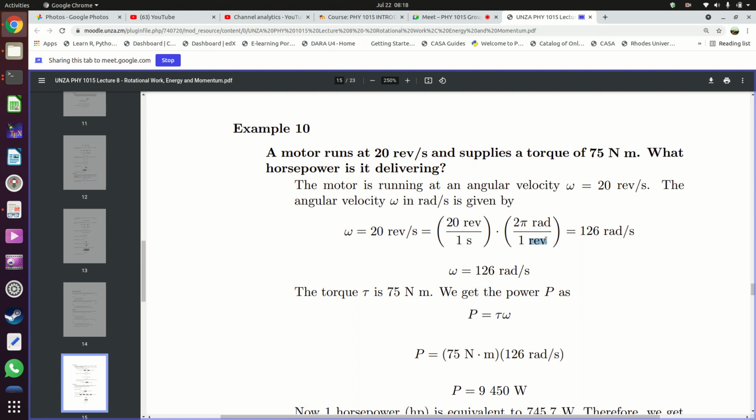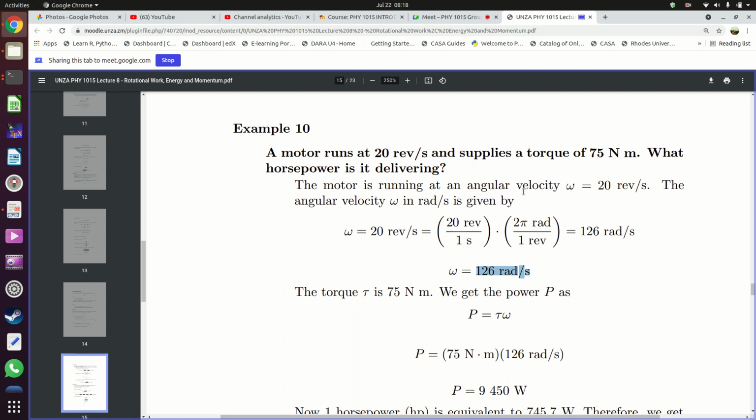The revolution units cancel out, so you end up having 20 times 2 pi radians divided by 1 second. So the angular velocity is equal to 126 radians per second.